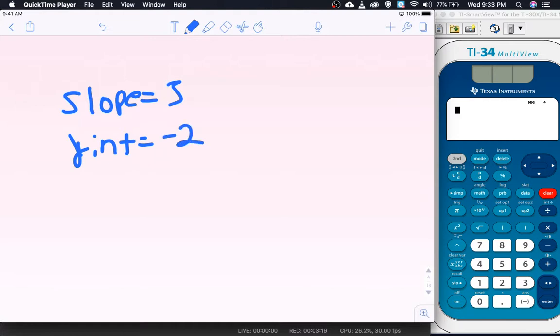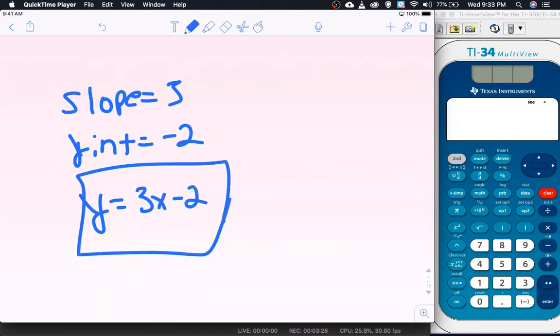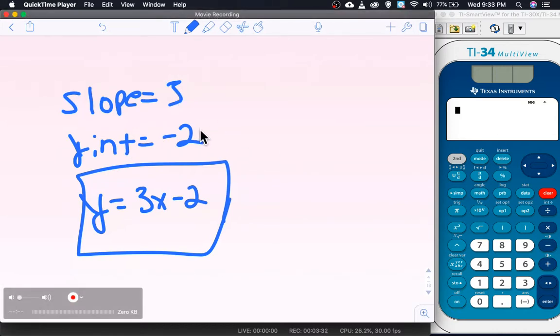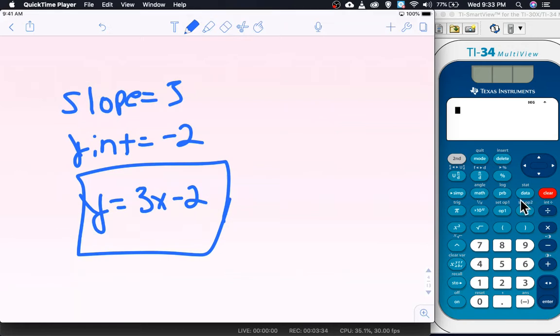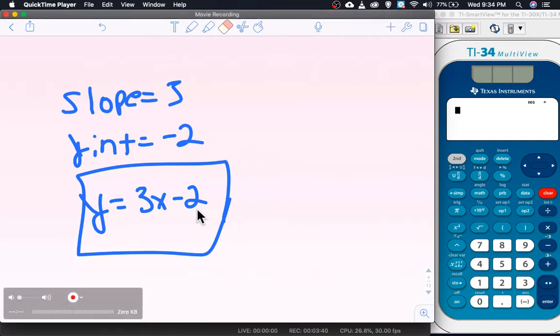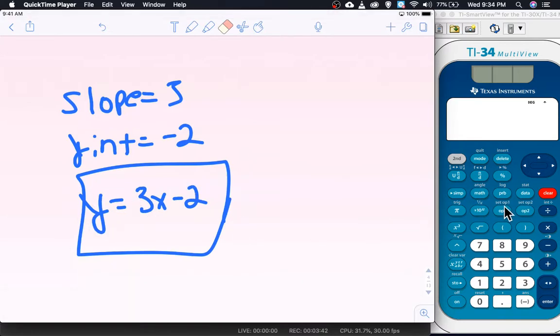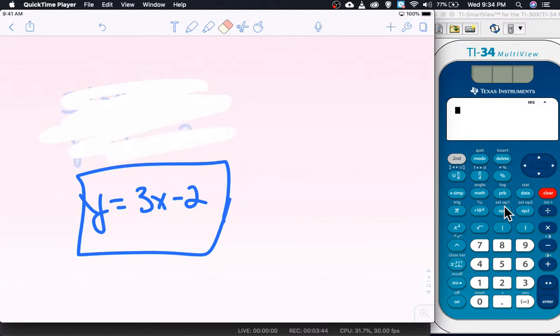And I said, write the equation of the line. And we said, okay, that's y equals 3x minus 2. That is the most basic thing we could do with writing the equation of a line. If I give you the slope and the intercept, you're just plugging those values in. We are now going a step past that, but that's our ultimate goal. We still want to get here. So let's see how this works.